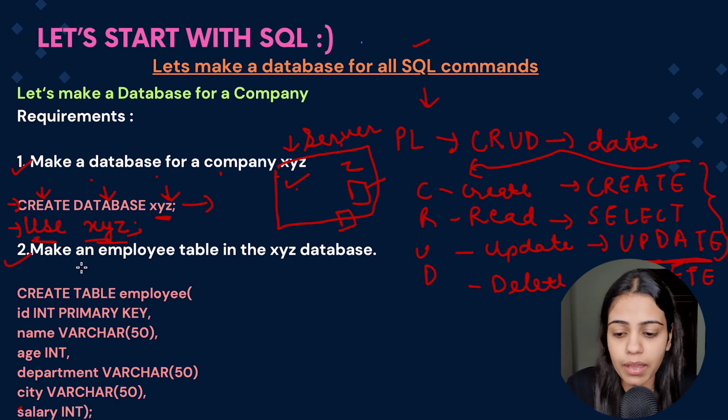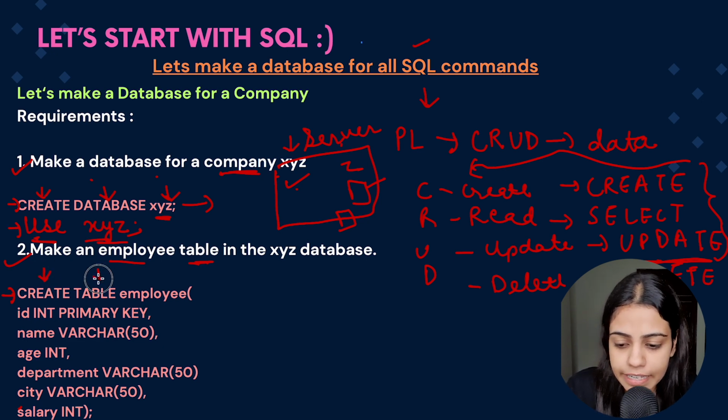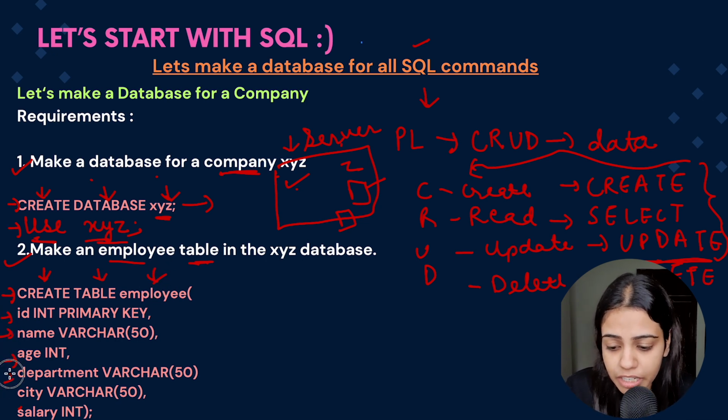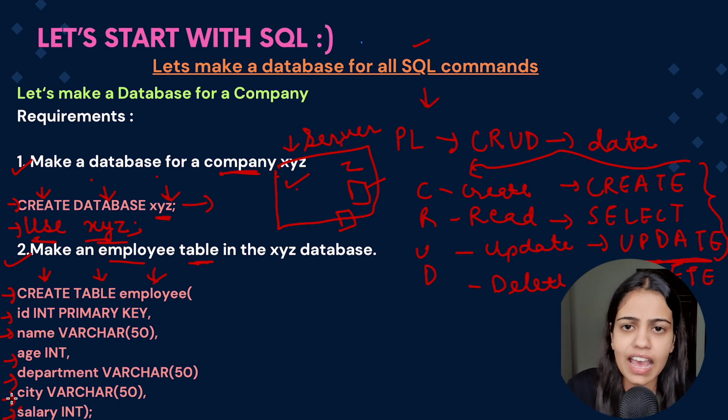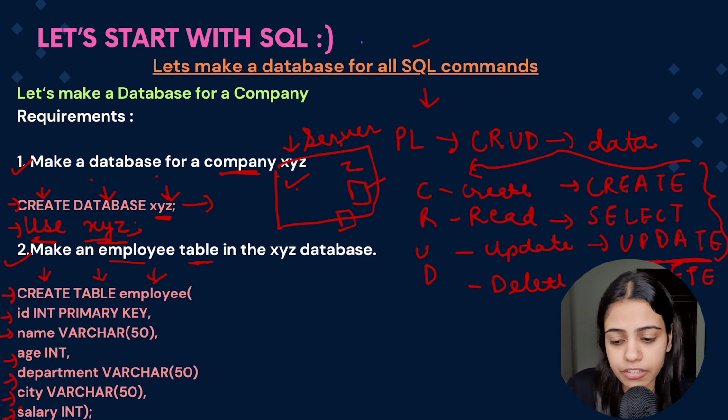Then the second requirement is that in that particular database, we would be creating an employee table. To create an employee table, we would be executing this query. We'll give create table followed by the table name, that is employee. And then we will provide all the columns which we need in this table, basically the schema of the table, or the characteristics or attributes of this table.